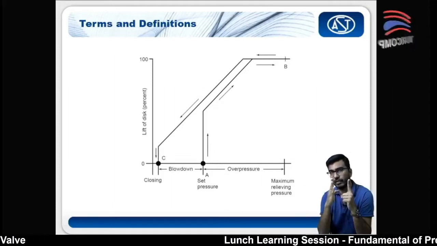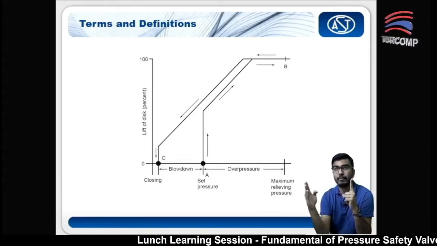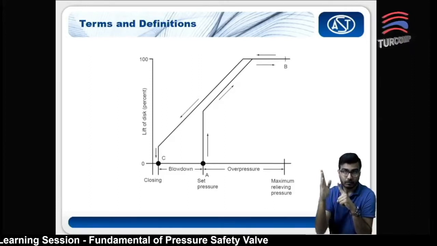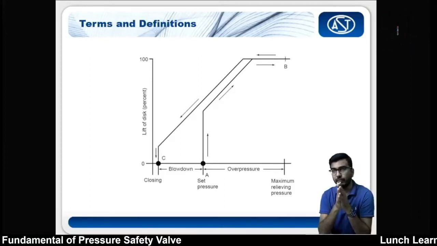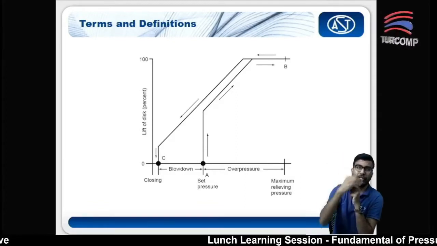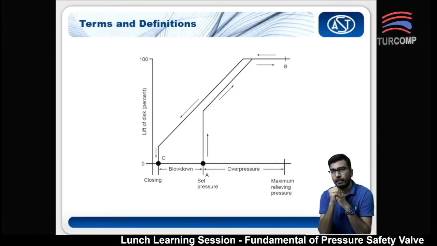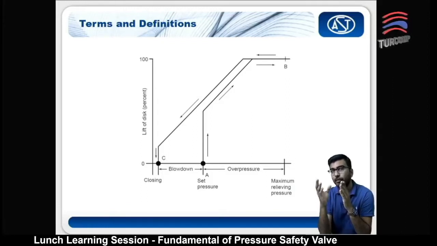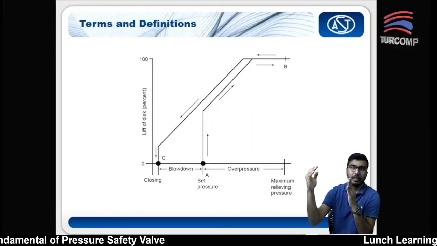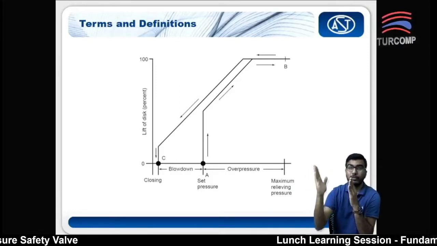So that's where, as you can see at the bottom point, maximum relieving pressure, that is actually, I could say, the maximum pressure that is relieved, which is 15 bar, let's say. So at point B, if you look on your left, it is 100% open. So once you have relieved your maximum pressure, it will actually return back. So your pressure will start to decrease.